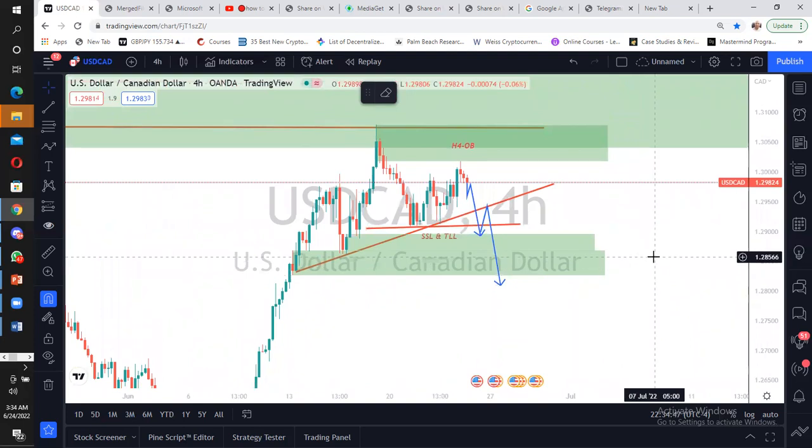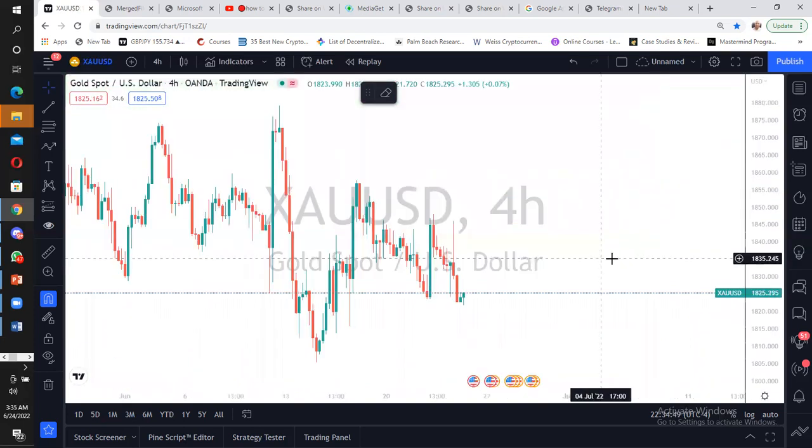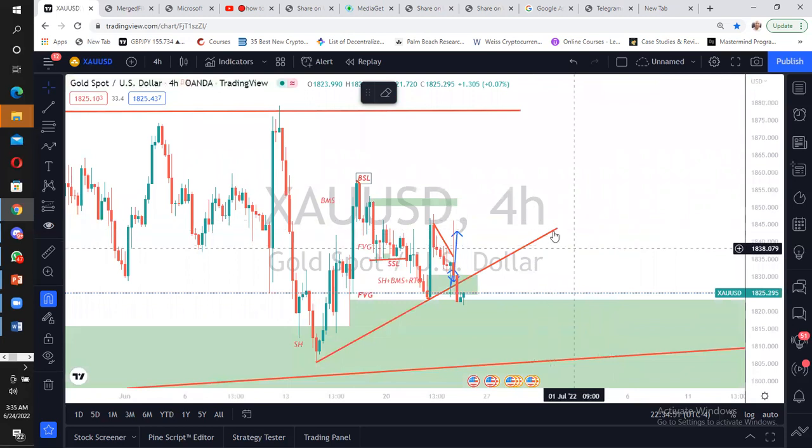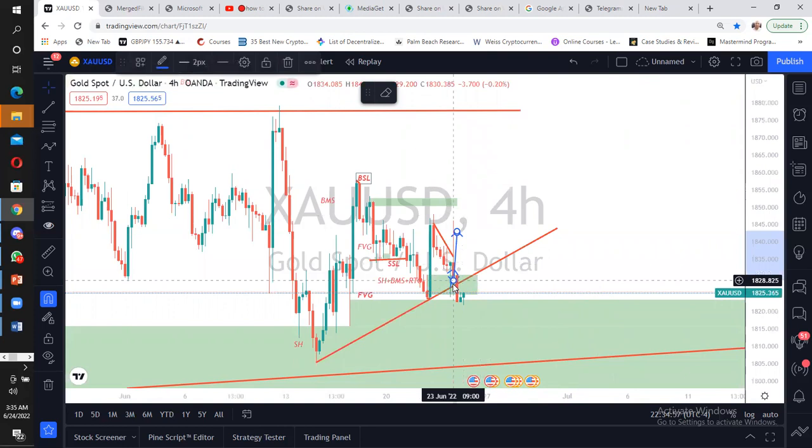Let's go straight to the next pair. This is gold. So I'm taking out some of these. Trendline liquidity is flushed, just as I anticipated.